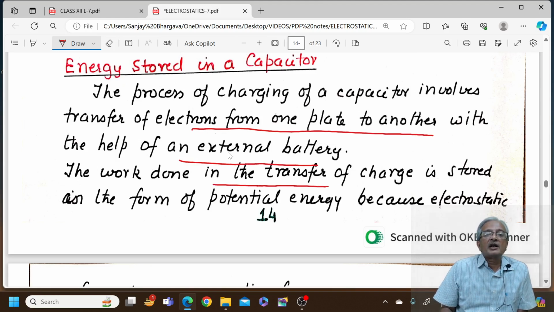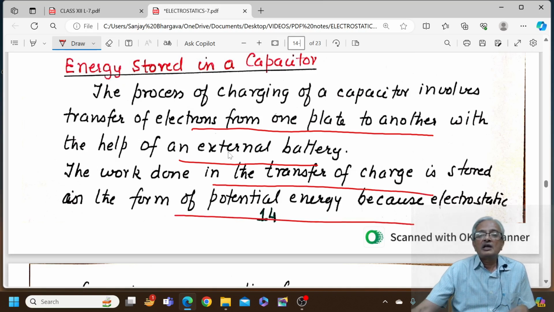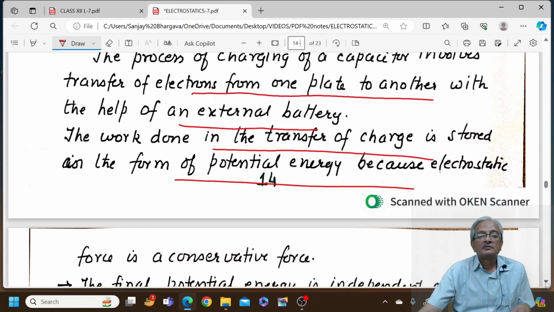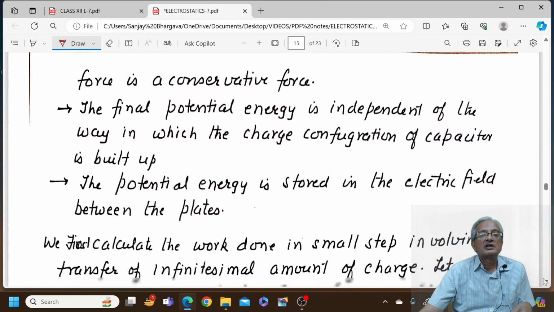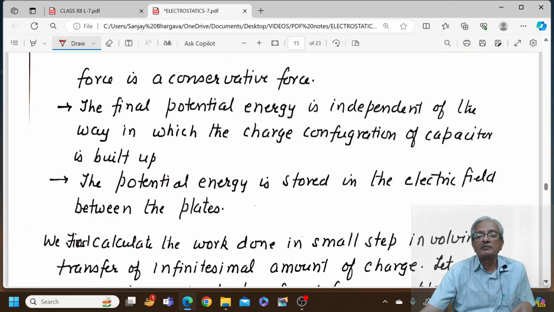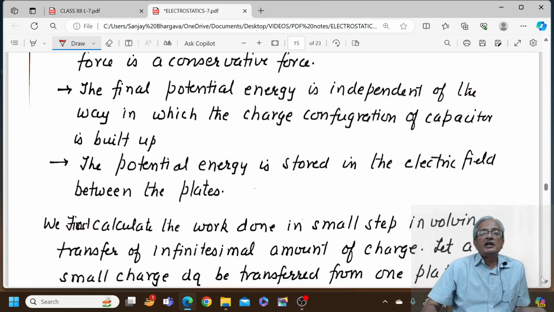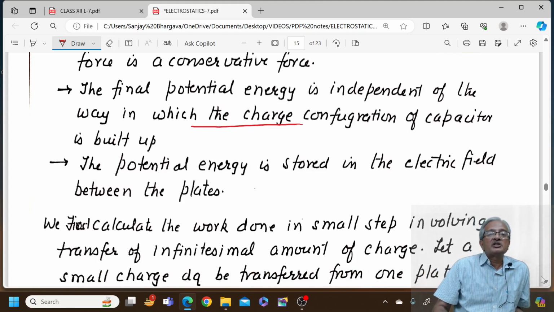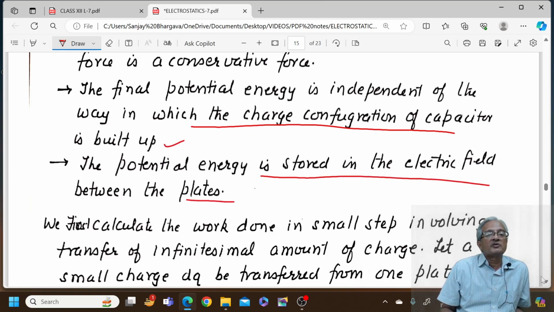The work done in transfer of the charge is stored in the form of potential energy, because the electrostatic force is a conservative force. The final potential energy is independent of the way in which the charge configuration of the capacitor is built up. The potential energy is stored in the electric field between the plates of the capacitor.